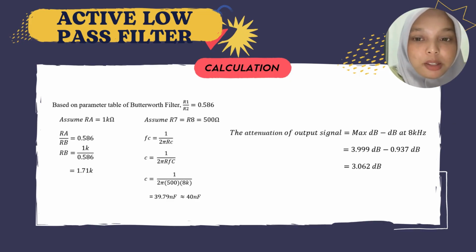Next, assume R7 equals R8, the same value of 500 ohm. The formula is FC equals 1 over 2 pi RC. So for C we got 40 nanofarad.